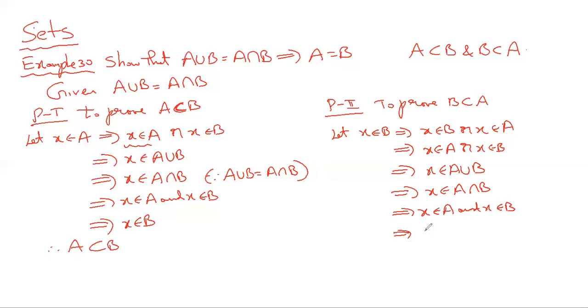We are interested in x belongs to A, as our aim is to prove that B is a subset of A. Therefore, B is a subset of A. And conclusion, hence A equals B. That's how you usually prove that sets are equal.